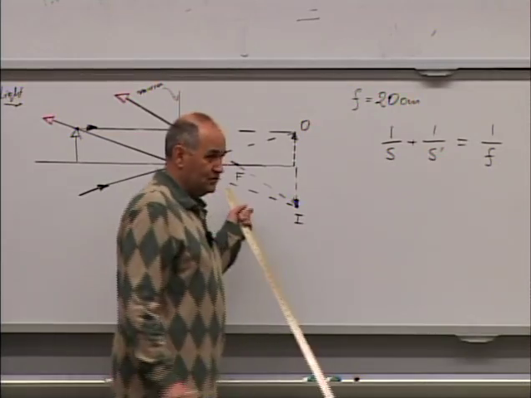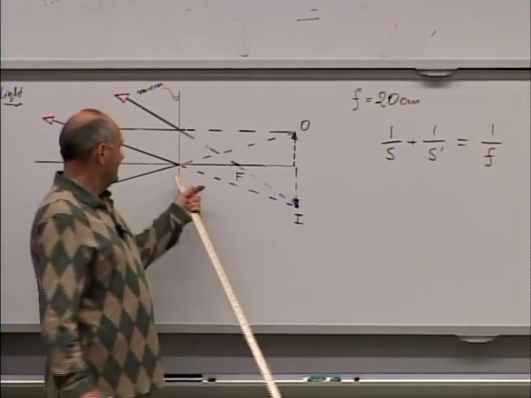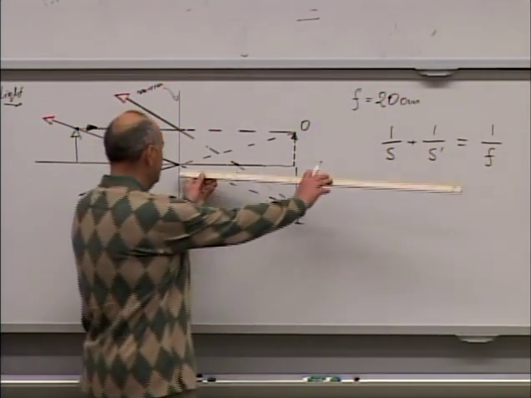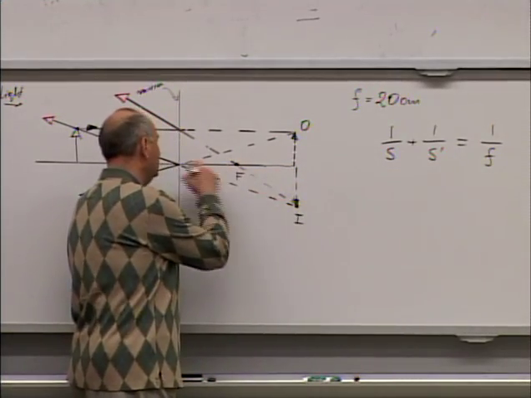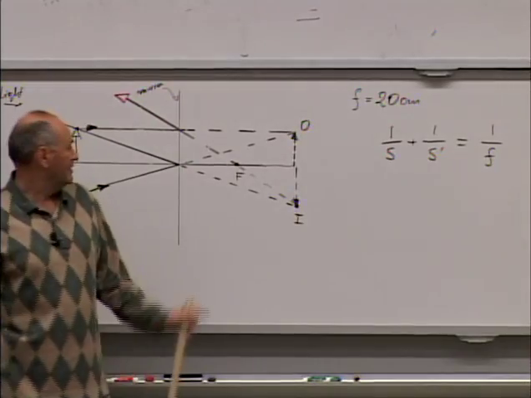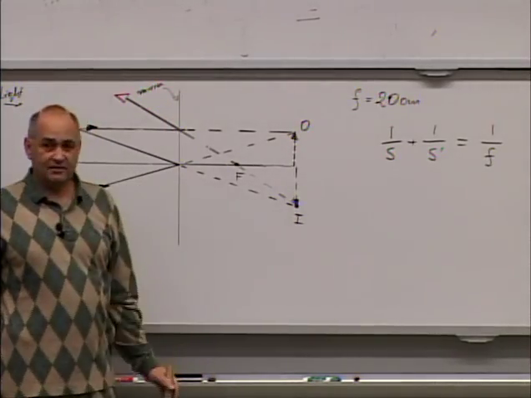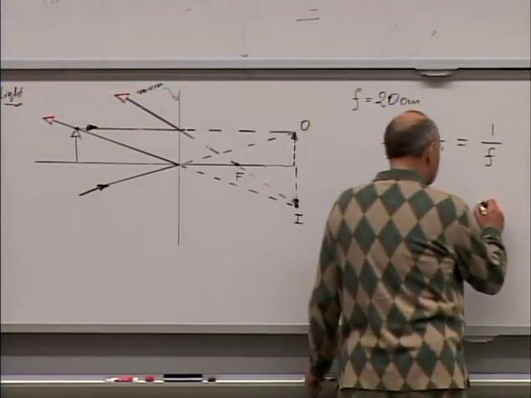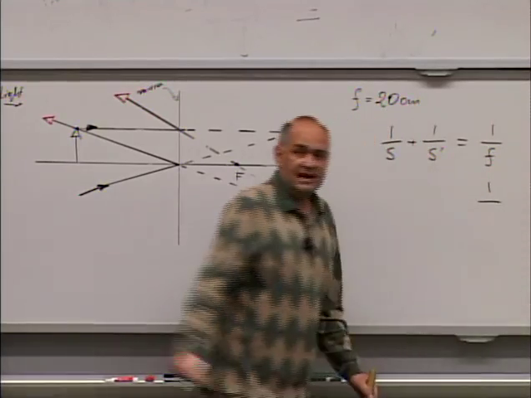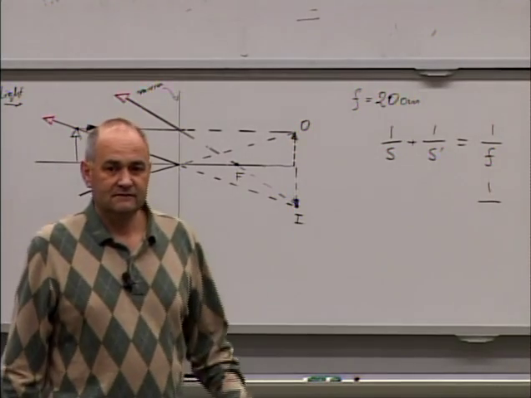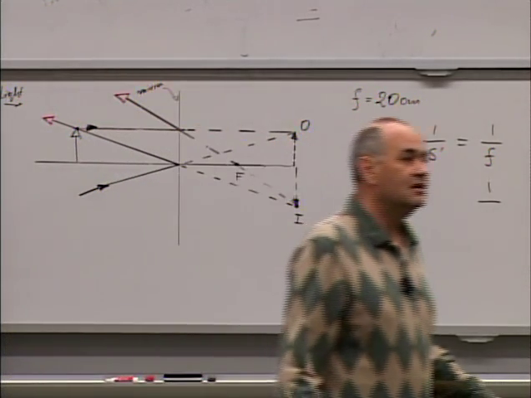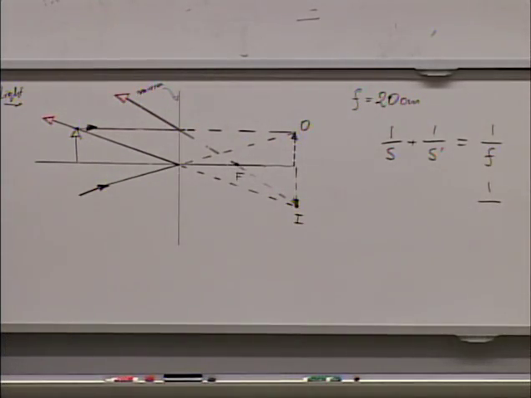So how about if we use now the numbers which we had? And let me remind you, I marked the focal point 20 centimeters from the surface of the mirror. So what should I put for the focal length? How much? 20 centimeters.